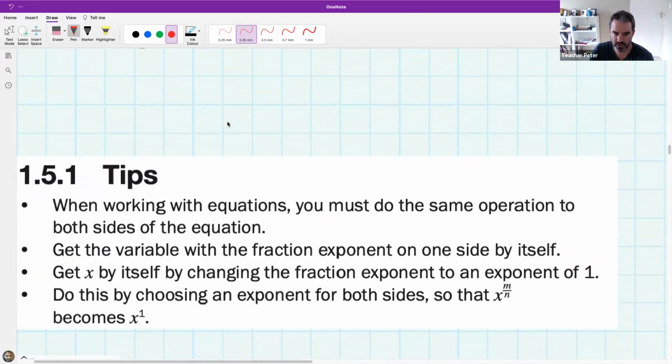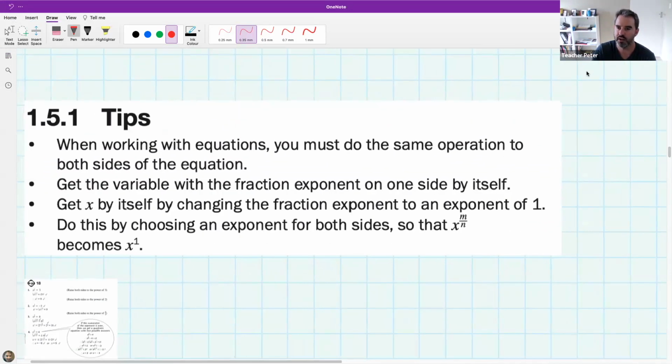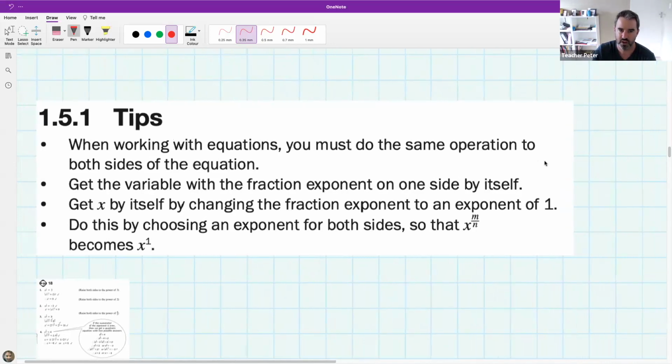So let's do this. Here are some tips that you can keep in mind when you are doing these equations where the powers are fractions. When working with equations, you must do the same operation to both sides of the equation. So if you square one side, you must square the other.